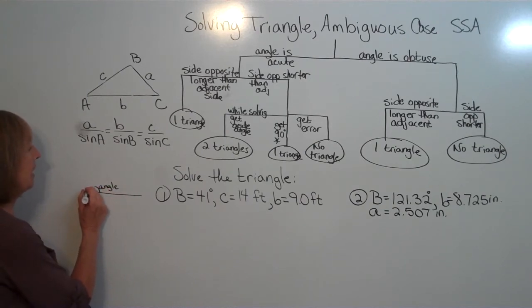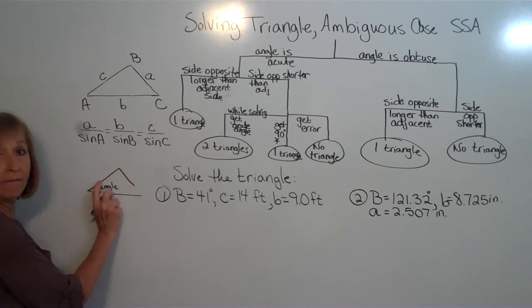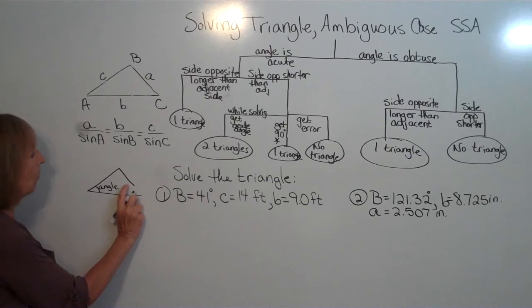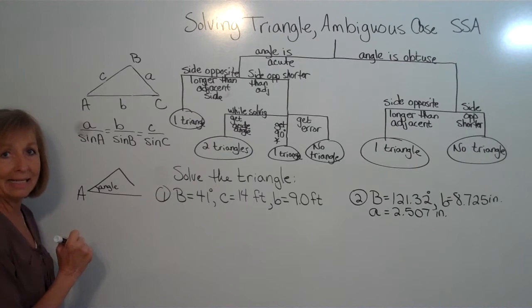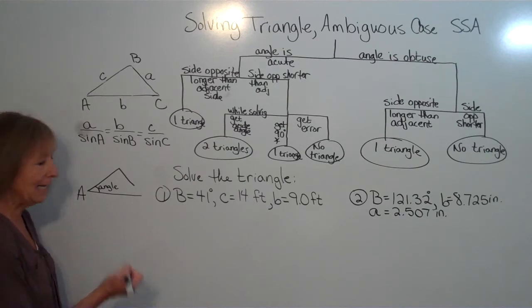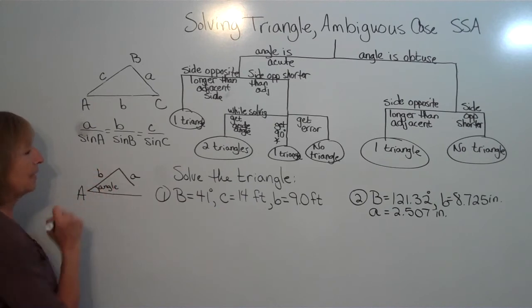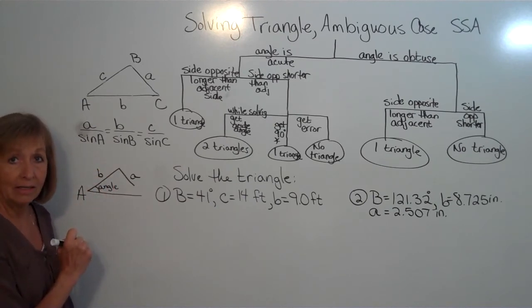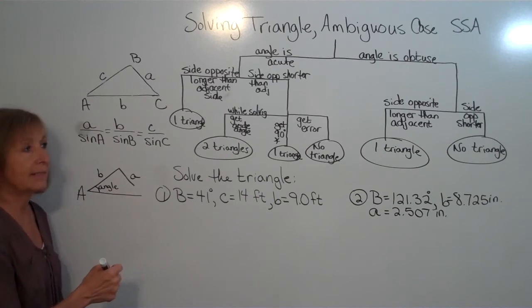And then make the sides that you know off the angle and then the opposite one. So when you have angle A and sides, let's say B and A, then side a would be over here and your side b would be there. So these are the pieces of information you know from the side-side angle.